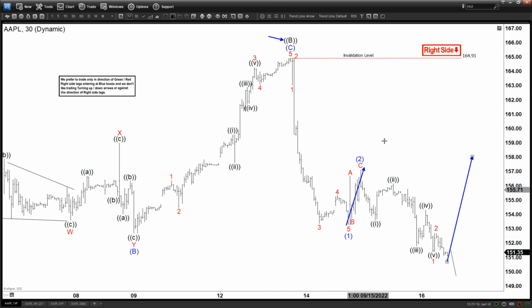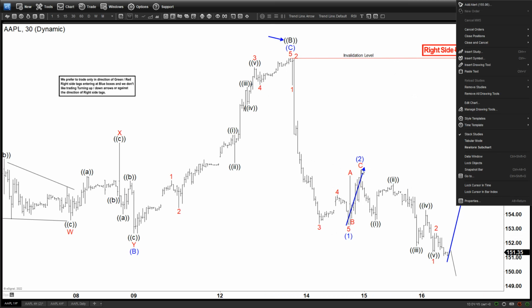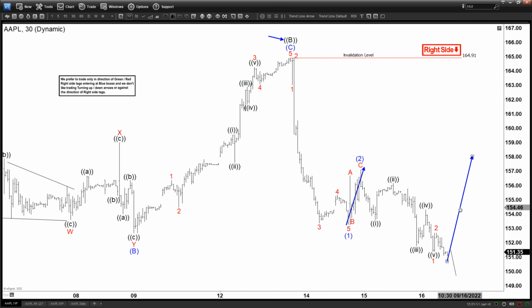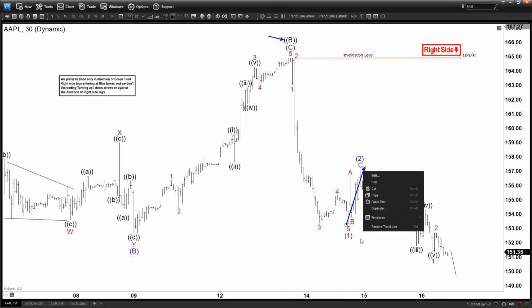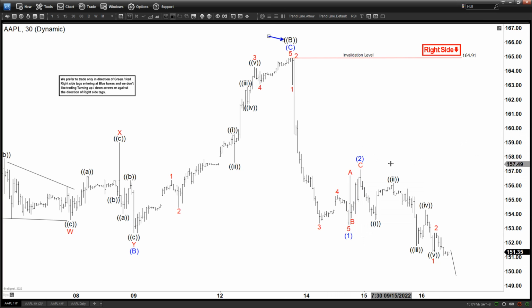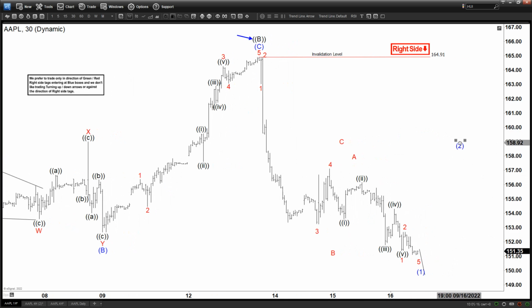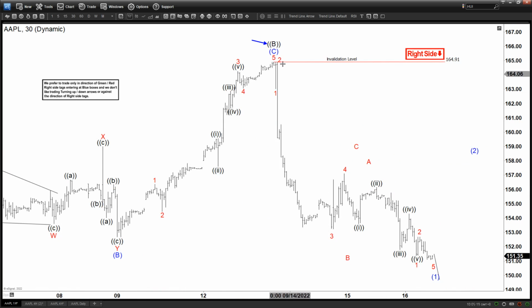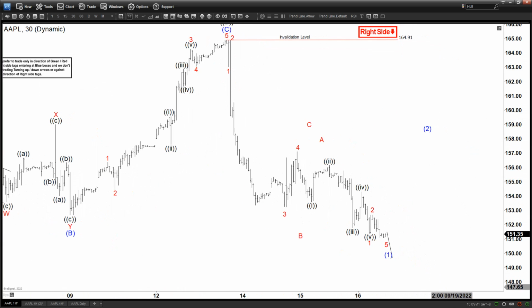However, if this count here is correct, then 157 is also going to hold for the downside, right? But the alternate can be like an expanded flat, or it could also be something like this. So this could be a 4 here, it could be a 3 here. Not really ideal, but it's possible. And then you can get a 5, a 5 of 1 here, and then suddenly you're correcting in wave 2, which is a correction of this entire decline in a bigger drift rally before going down again, right?